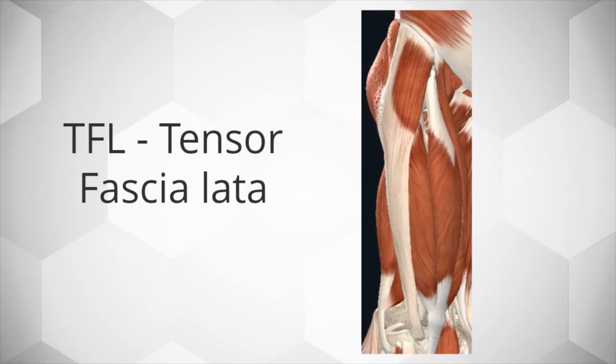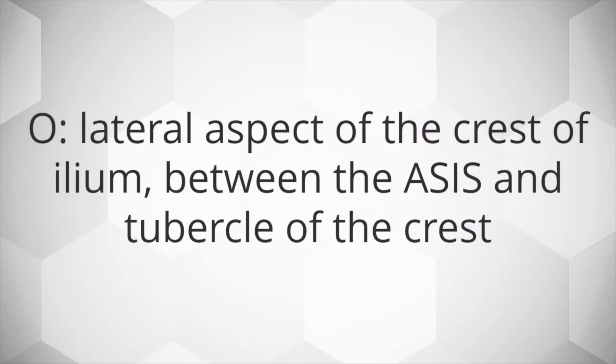And the last muscle, but not least, is one that some people consider a hip flexor: the TFL, or tensor fasciae latae. The origin of this muscle is on the lateral aspect of the crest of the ilium, just between the ASIS and the tubercle of the crest. The tubercle is the portion that is enlarged along the iliac crest.